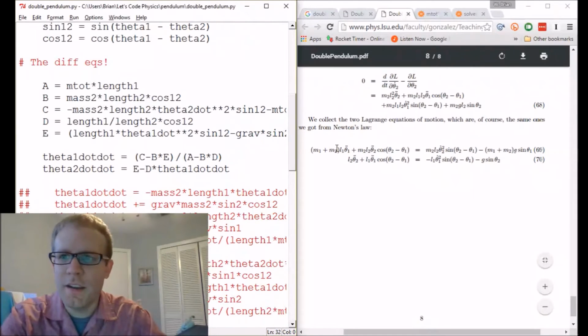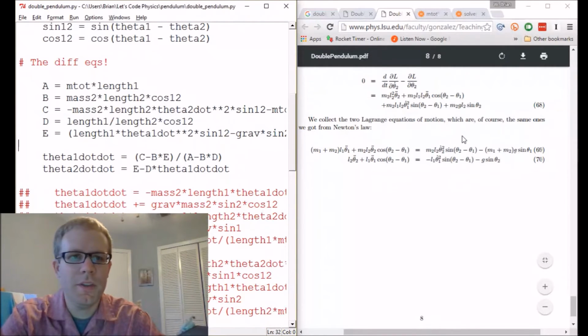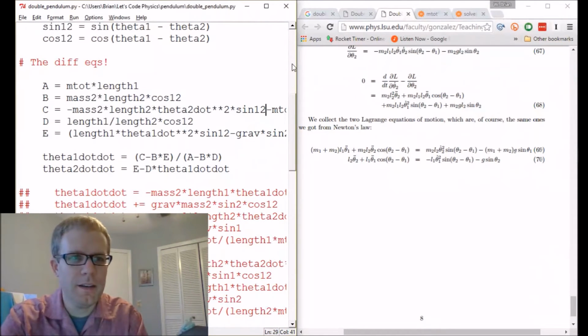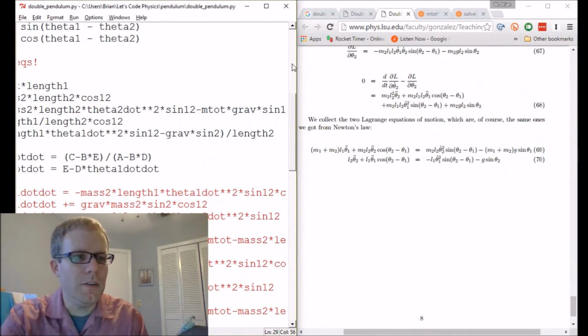So A is m tot length 1, B is m2 L2 cosine 1, 2, C is negative m2 L2 theta dot 2 squared sine 1, 2, minus m tot grav sine 1.